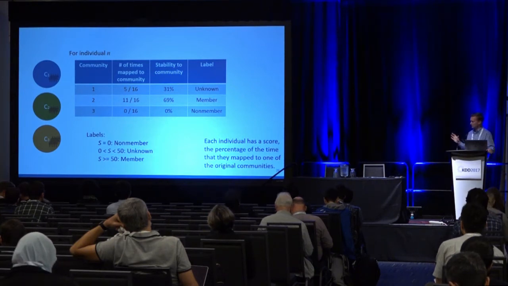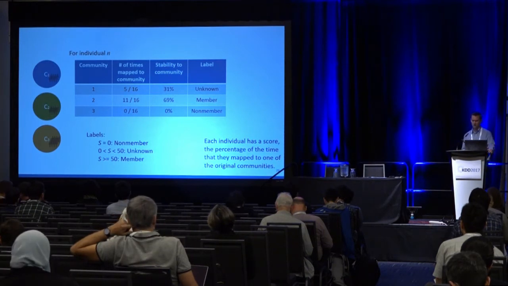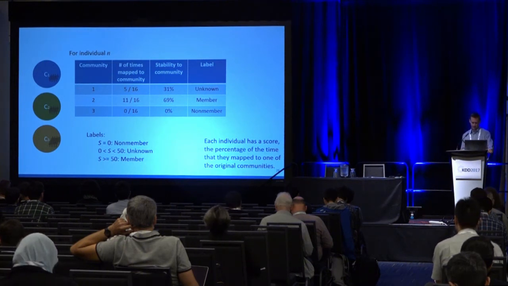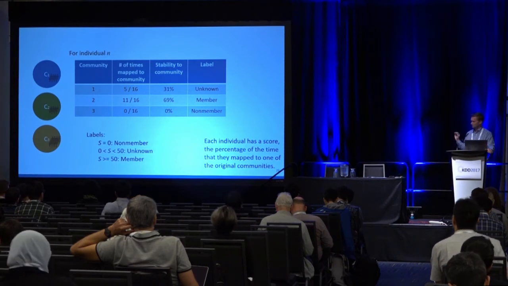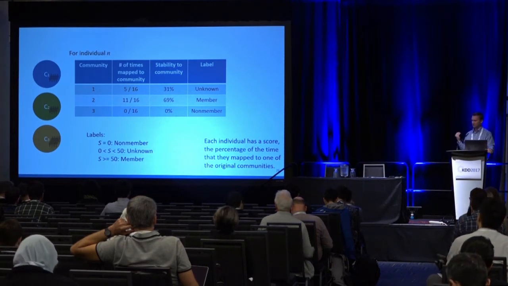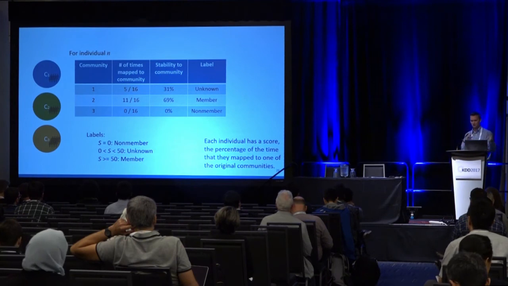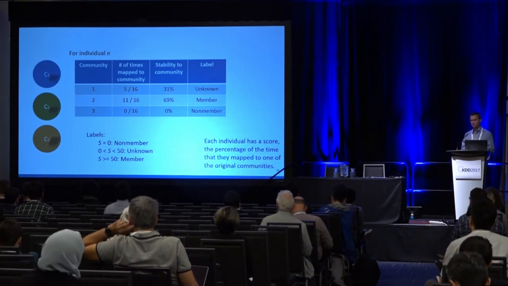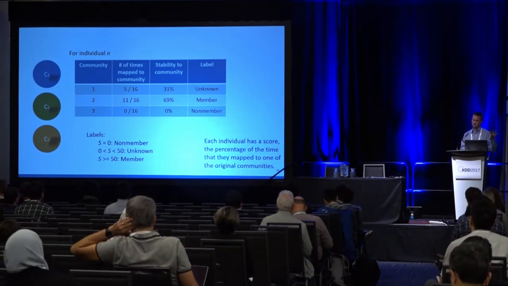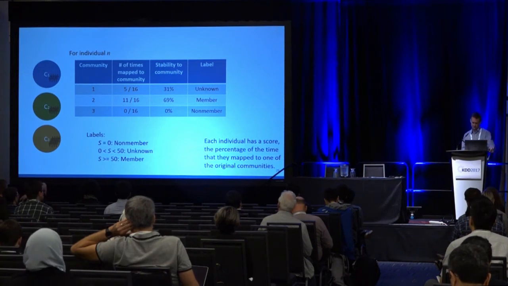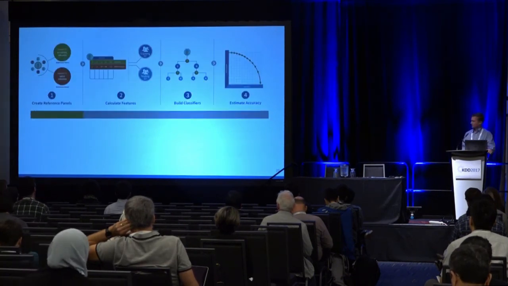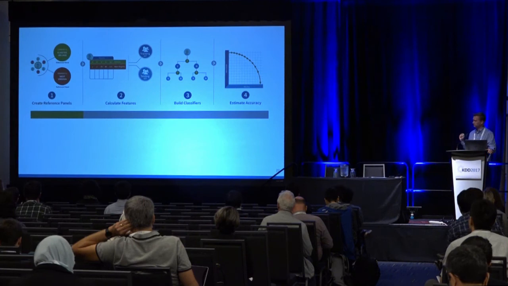And somebody who's between 0 and 50 percent, we call them unknown, and we don't use them as a true example or a false example for that community. So based on these scores, we have a label for each individual on which communities they belong to, and then for each community we have a set of true samples and null samples. That's our reference panel data.